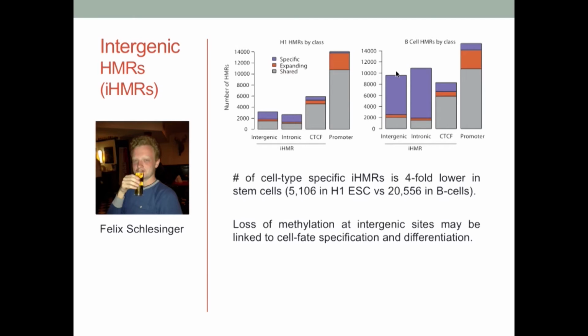And as I say here, the cell type specific HMRs in stem cells is actually 4 times lower than what we find in B cells. And the loss of methylation at these sites may be linked to cell fate specification and differentiation. That was the topic that I began with. It is the one that I'm interested in understanding, how methylation plays a role in this process.